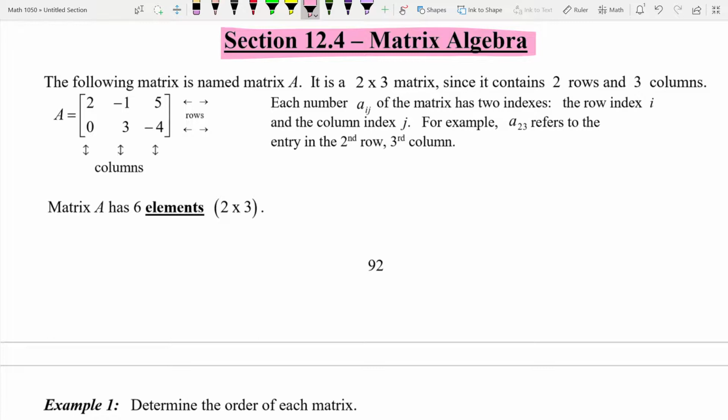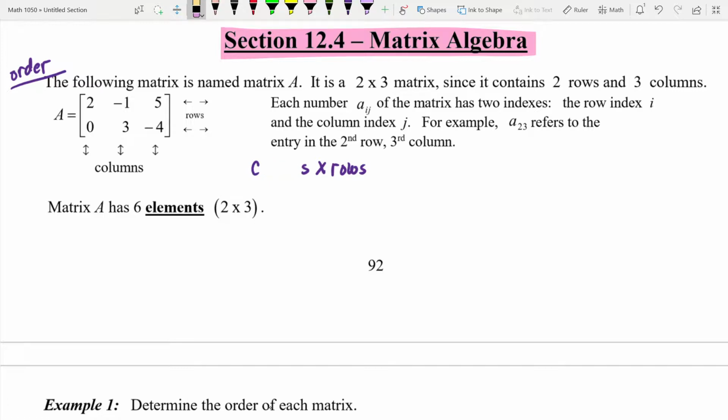Okay, so when they ask you the order of a matrix, that just means the size. And when you find the size of a matrix, you put the columns times the rows. It's not really times, it's like by, that's what the X stands for. So if you look at this matrix A, you have 2 rows. Oops, I did that wrong.